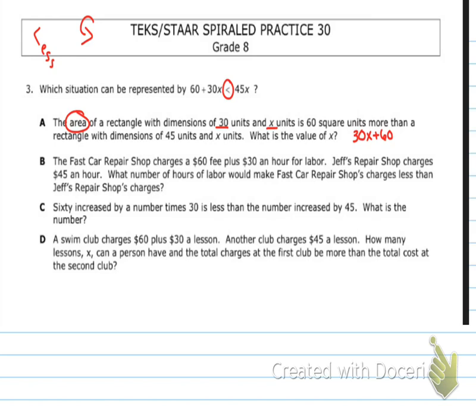Is 60 square units more than a rectangle with dimensions of 45 units and x? I need to take another look at that right here. Normally the words more than means switch, but I'm pretty sure in this case they're using it like this. More than, and then 45x, and then either way I have my issue. I'm looking for a less than, not a more than or a greater than. I'm looking for a less than here. So A would be false.